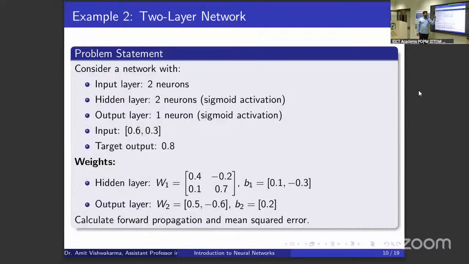Now there may be two neurons, X1, X2. Hidden layers means after these two, I have another two nodes: first node, second node, and third node, fourth node. I will draw this.